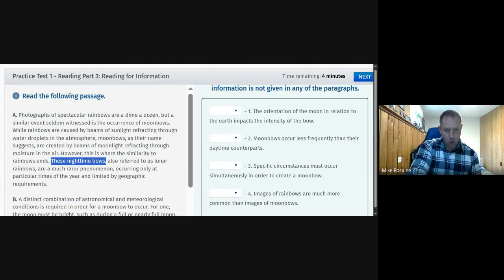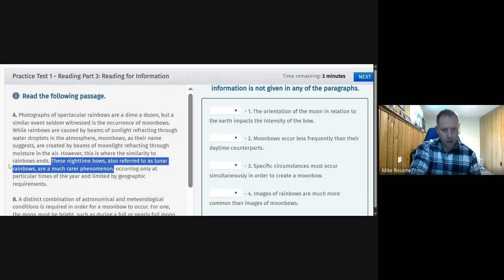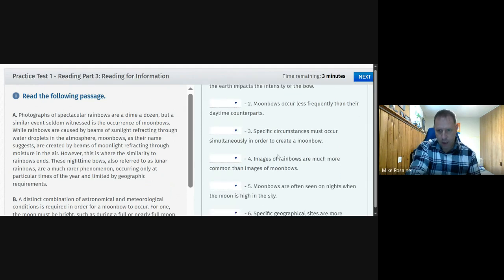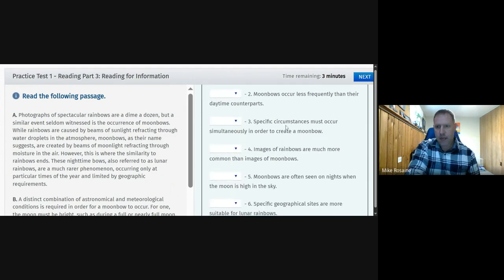These nighttime bows, also referred to as lunar rainbows, are a much rarer phenomenon. Rarer than what? Rarer than rainbow, which means daytime counterpart. We found our paraphrase. We're in a rush. We don't have much time. So the answer is A.